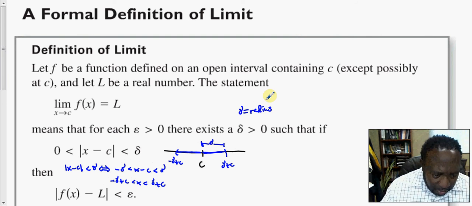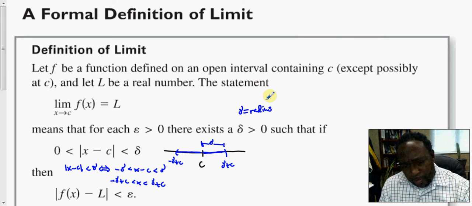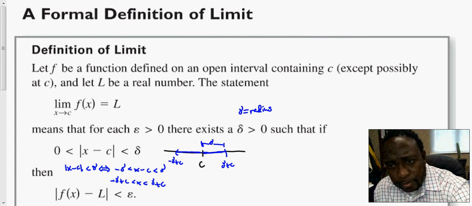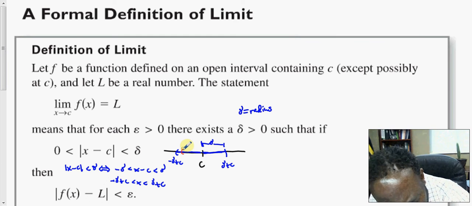And the shrinking of delta, or even the extension of delta, you can do to be able to determine what happens with the y values for the function, that is the limit itself. Our goal is to shrink delta as small as possible. So in the shrinking of delta, we want to get as close as we can about this number c.